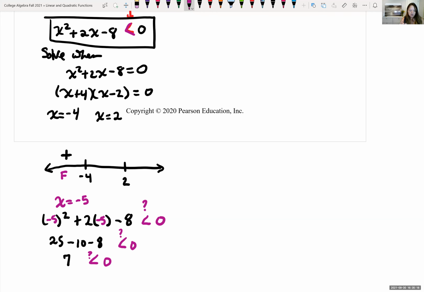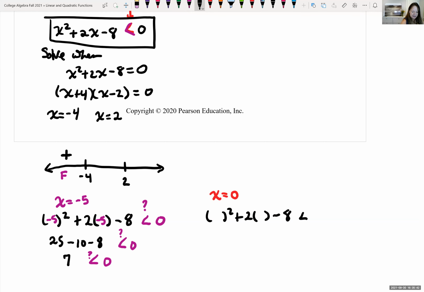So now you want to choose a number that falls in between -4 and 2, not including those values. And if 0 is in that interval, that's always the easiest one to choose. So let's choose x equals 0. So if we go back in and plug that in wherever we see an x, we want to see, are we getting back a positive or negative number?